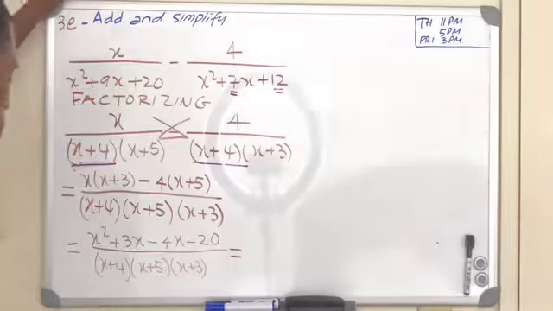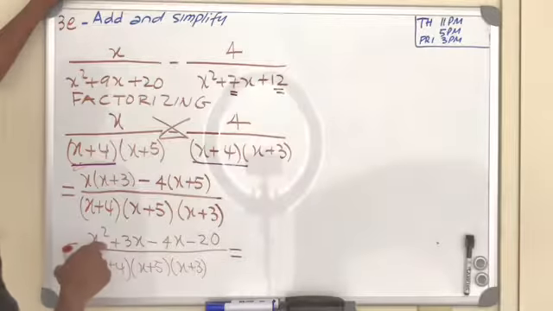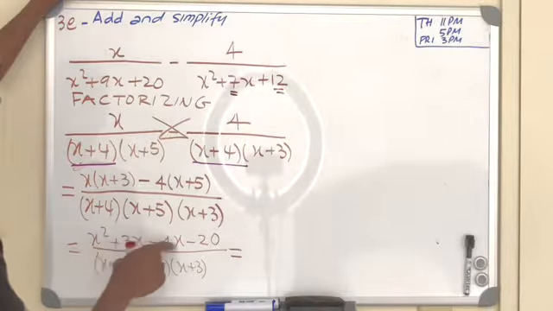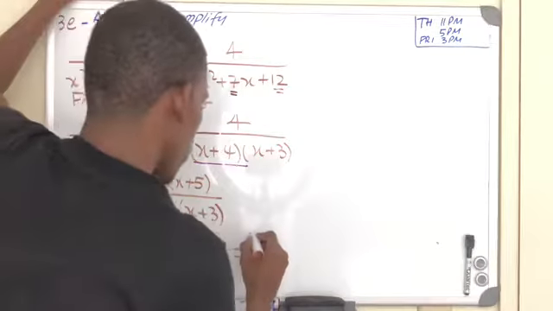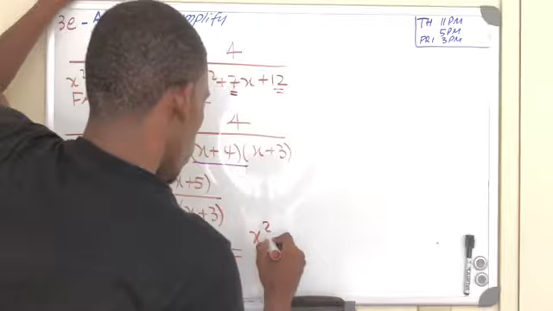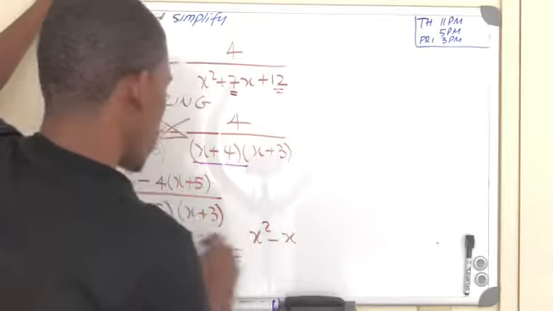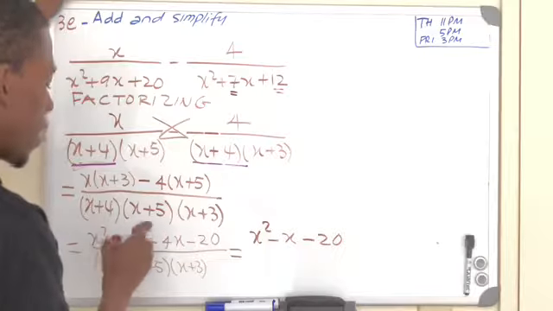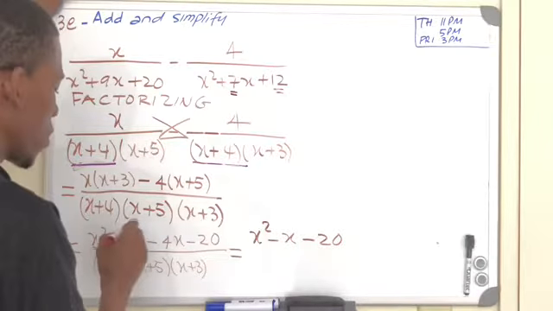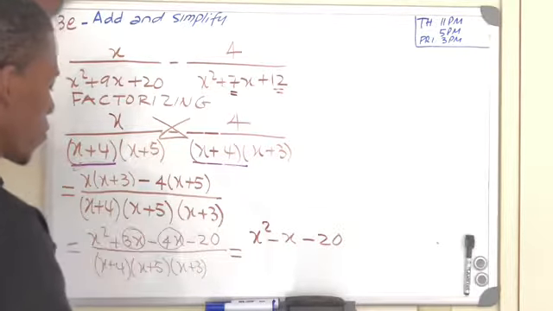equal to x squared minus 3x minus 4x, that's minus x. So I keep my x squared minus x minus 20. Combine like terms. I combine 3x and 4x.